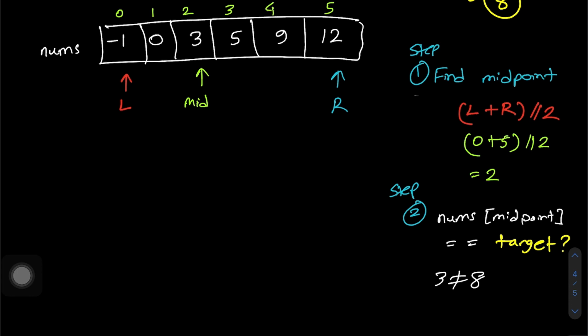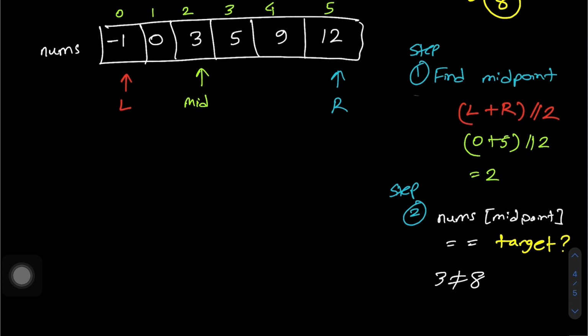What really helps us in changing that is that this input array is a sorted array. This is a major requirement for binary search to work: the input array has to be sorted. Why is that? Let's try to understand.